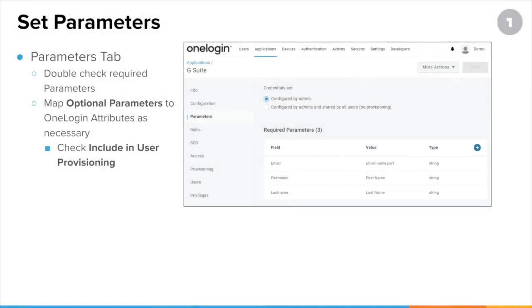Now we want to map what user fields or values we're going to send across as parameters during the provisioning process, when users are created or updated within the application. First, you want to make sure you have the correct user fields matched within the Required Parameters section. For example, the default value for the email address is to just send over the name part of the user's email address within OneLogin.